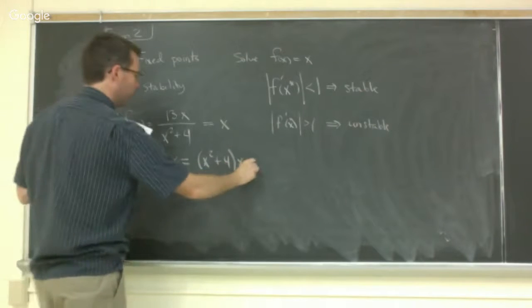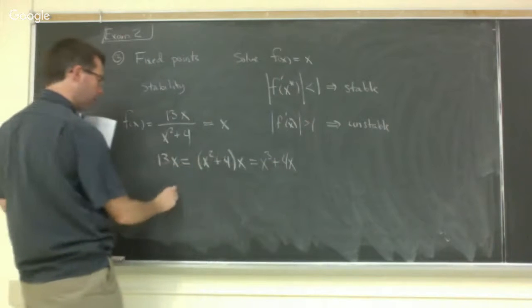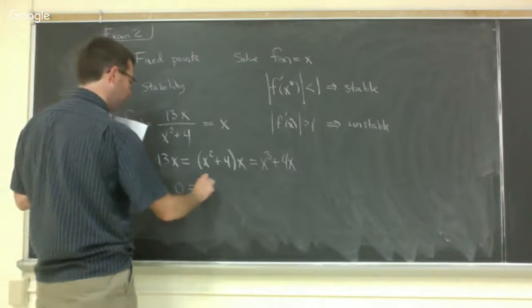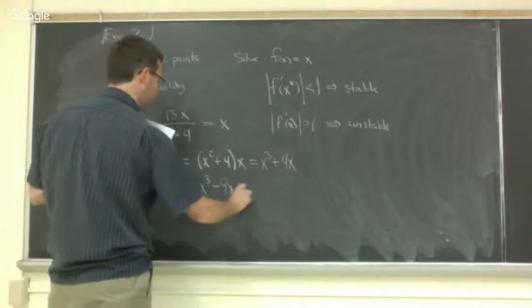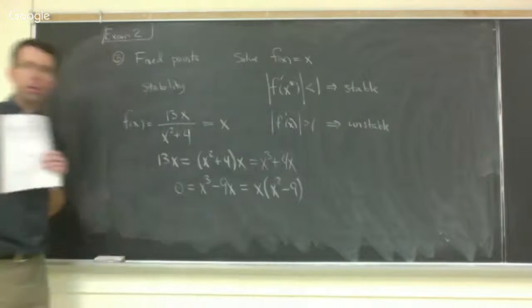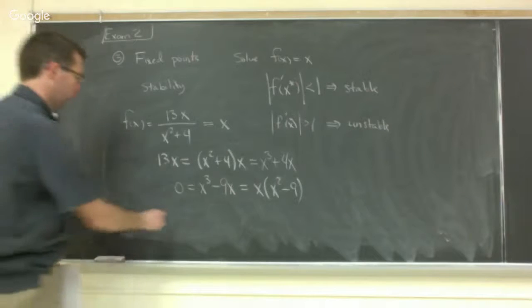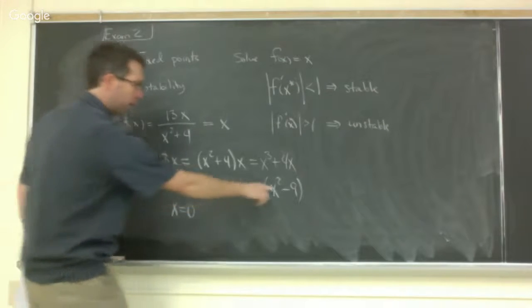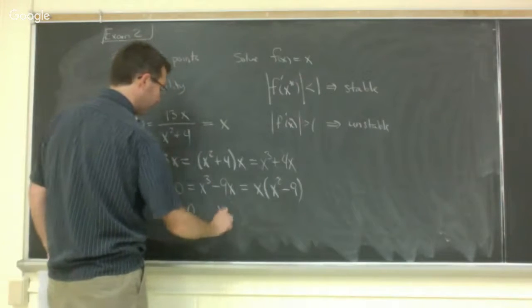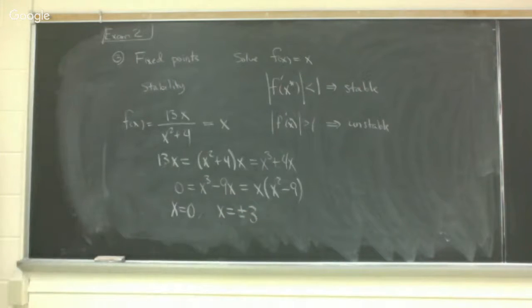So that's x cubed plus 4x. Subtract 13x over, and I get 0 equals x cubed minus 9x. That's x times x squared minus 9. So there are 3 solutions, x equals 0, and then x equals 3 and minus 3. So those are my 3 fixed points. So I need to calculate f prime.